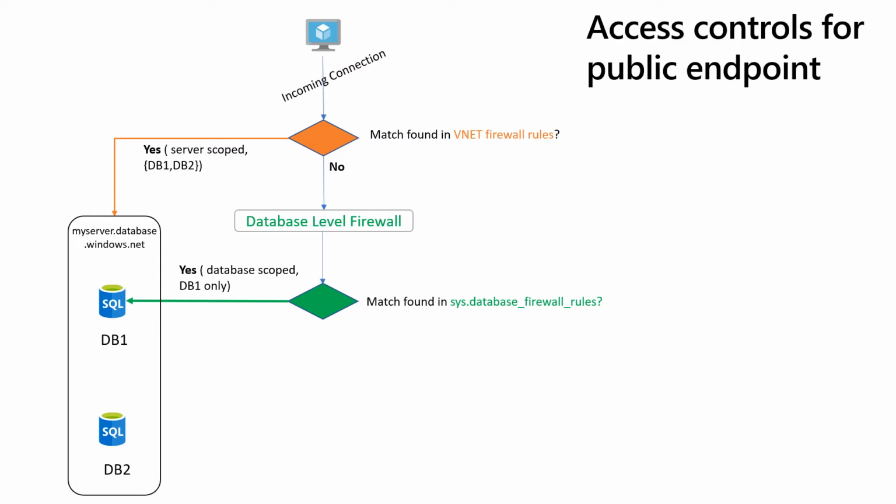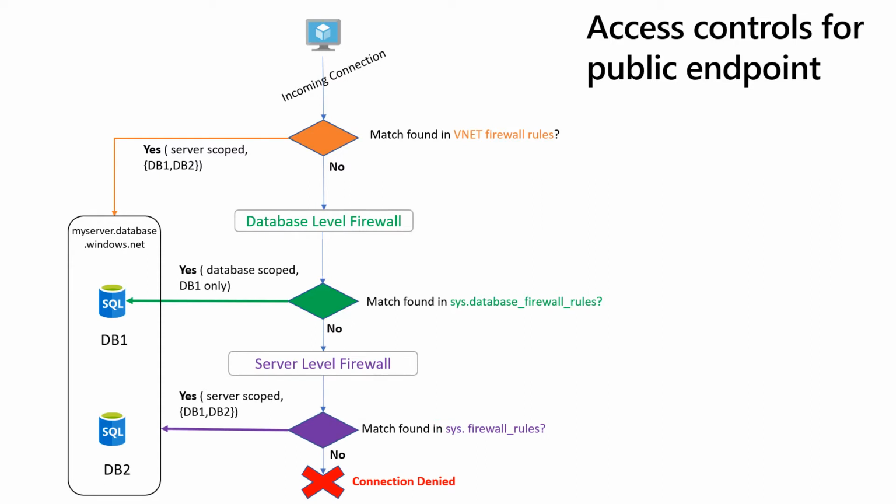If not, we check the database level firewall, and if it matches there, then it only has database scoped access to the database that the firewall rule is limited to. So for example, here a match was found for just the DB1 database. And finally, we fall back to the server level firewall rules. So if there are no database level firewall rules matched, then we look for a match at the server level firewall. And if none of these match, then your connection is denied with an explicit error message.